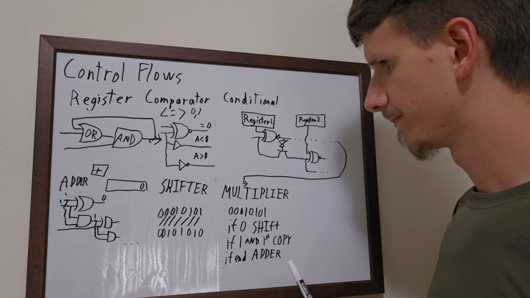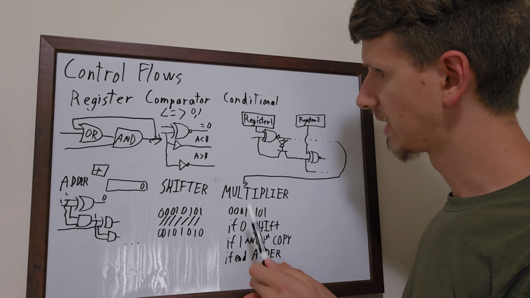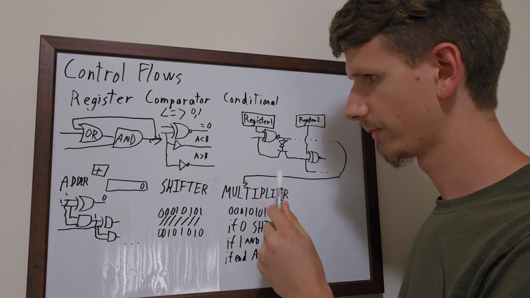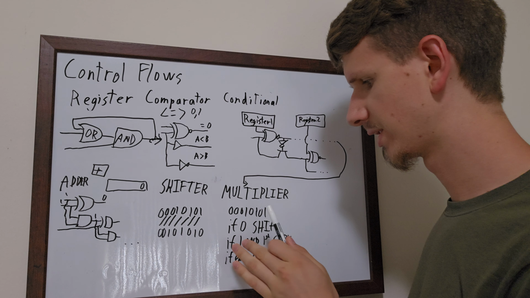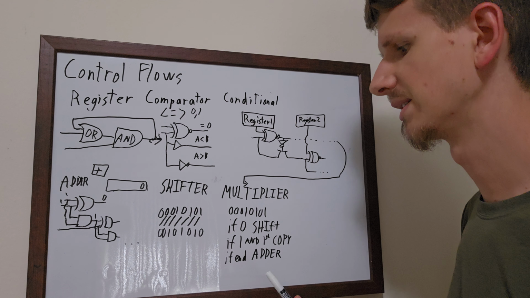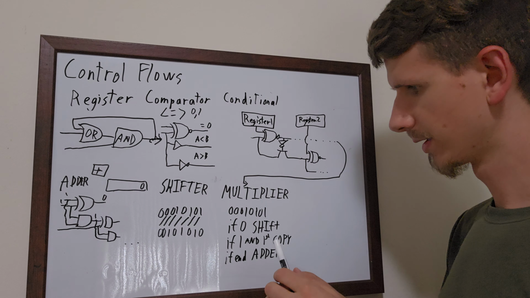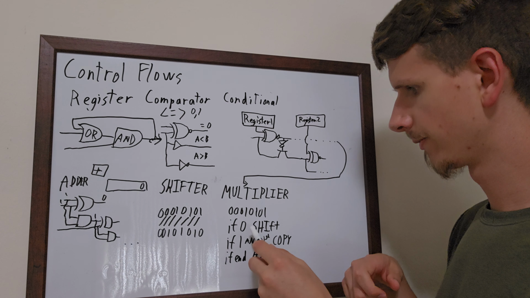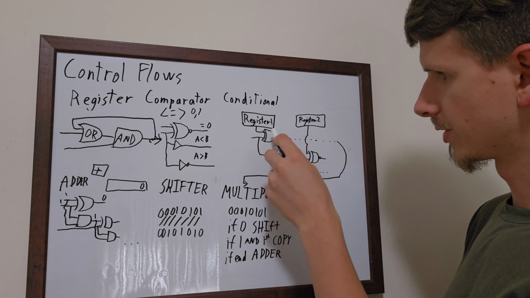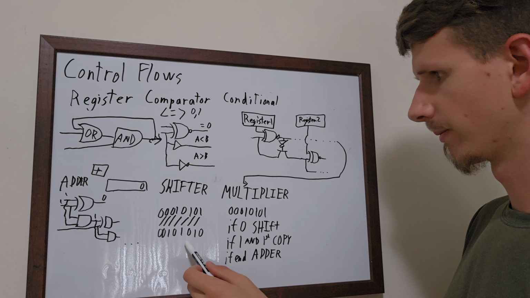Then a multiplier is built on these. Because I've explained how conditionals work and adders and shifters, I'm able to do this in English, because it's abstract. But I've explained all the concepts to go into this. So using a conditional, if 0 is true, then your logic here will be a shifter.